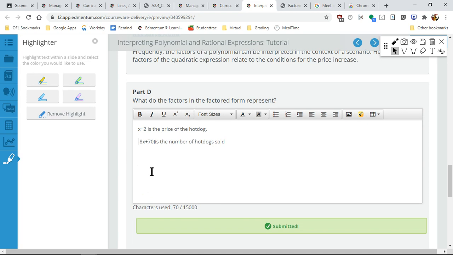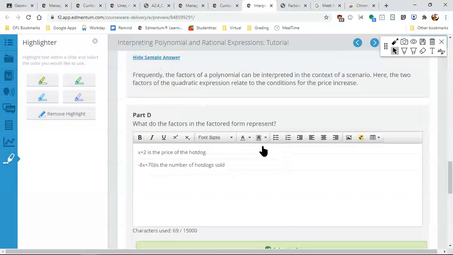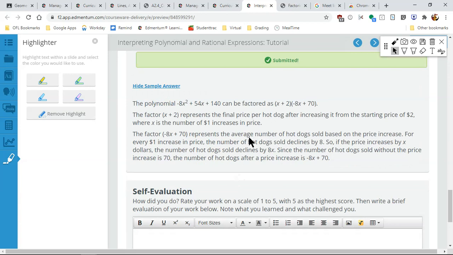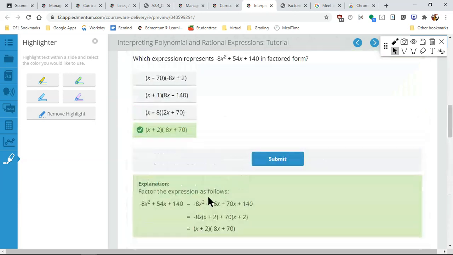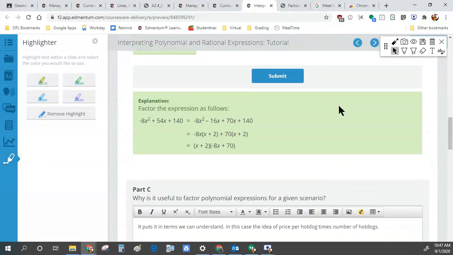So it says average here. If you don't mention the word average, I'm not going to fault you for it. I'm going to assume that every day is like a perfect sale. So you don't have to use the word average. So this is how we interpret a polynomial: understanding this relationship of multiplication.